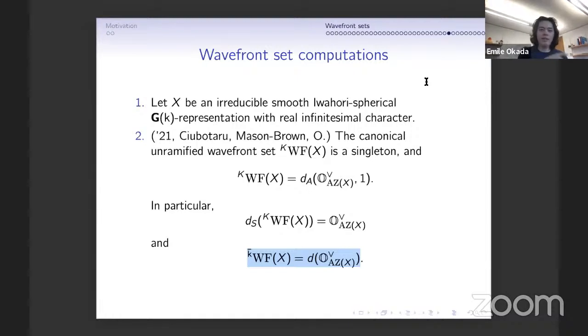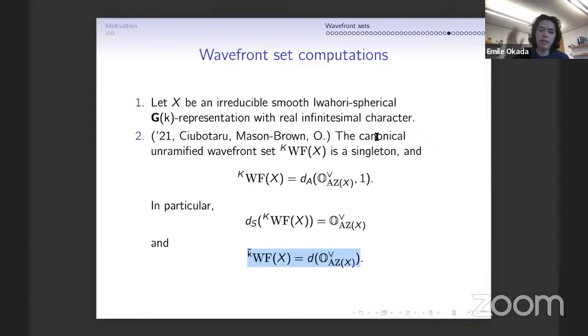Let me briefly switch gears and explain to you why we computed these identities. The motivation comes from the motivation I gave earlier in the second slide, which was to define some unipotent Arthur packets.